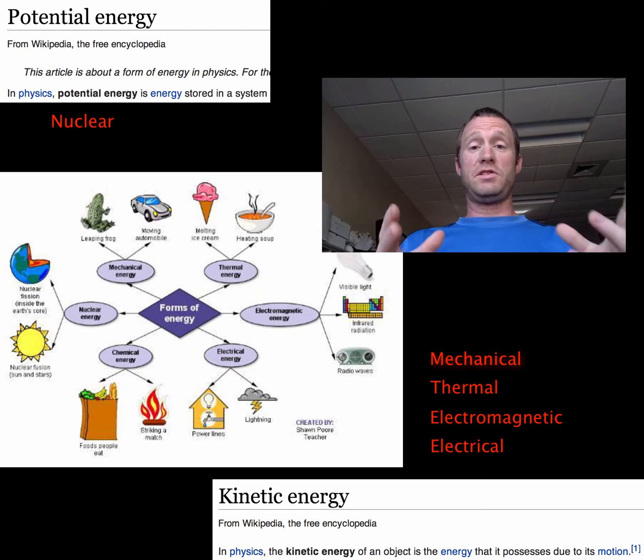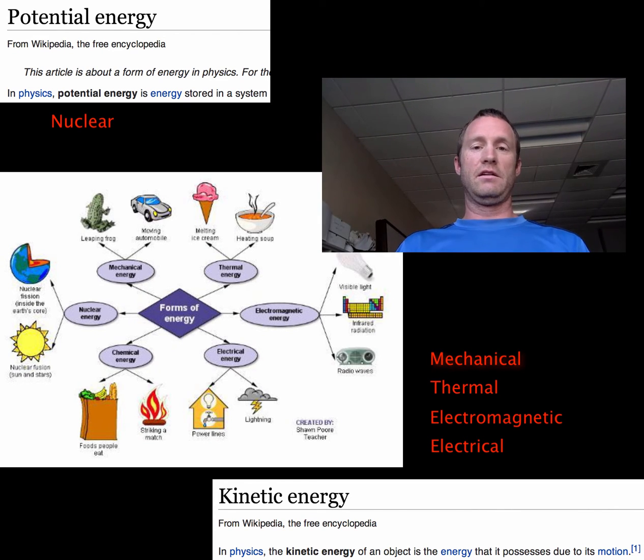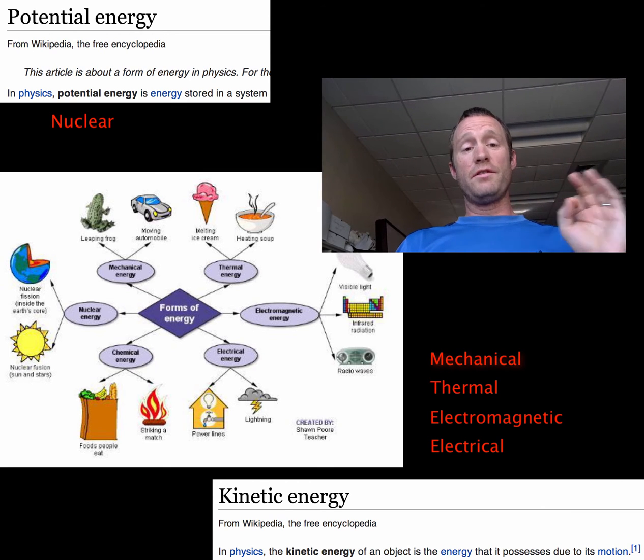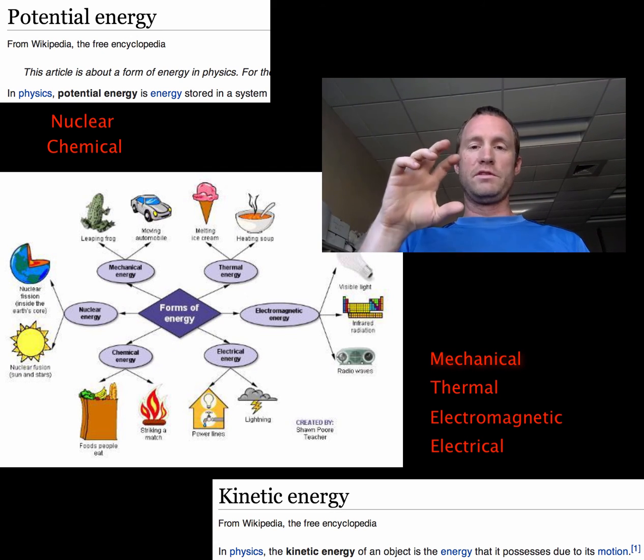And then we can sometimes see the effects of the energy. And usually then the chemical energy is transformed into another type of energy, like thermal energy. So chemical energy is the other energy that is a form of potential energy. So nuclear and chemical energy are the 2 here that are forms of potential energy. The other 4 are forms of kinetic energy.